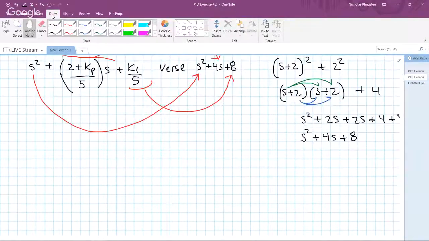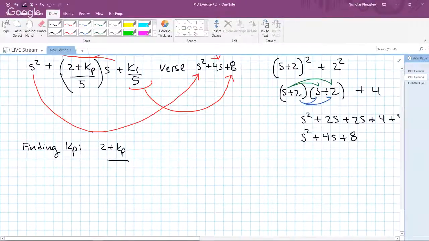So let's find Kp first. So finding Kp. So (2 plus Kp) all over 5 times s equals 4s. Well, that's nice because the s's cancel themselves out.